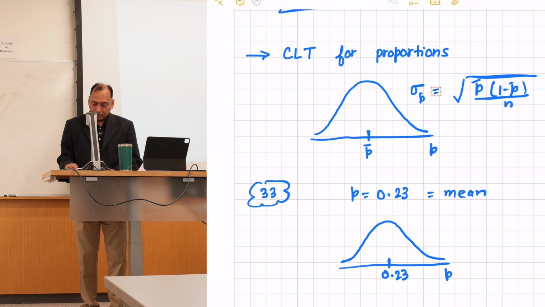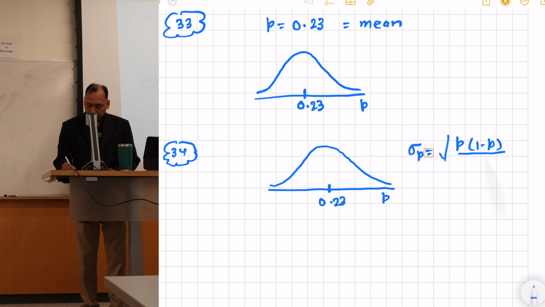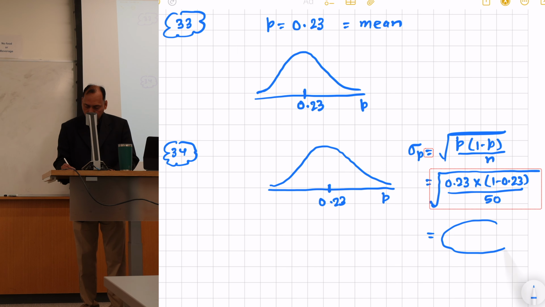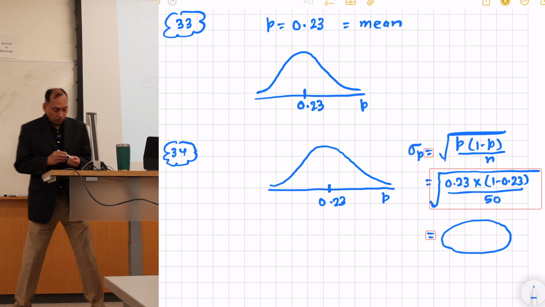You can say sigma of P equals square root of P times 1 minus P over N. So P is 0.23 times 1 minus 0.23 by N. N is 50 and square root of that. So this is going to be the number for standard deviation. 0.06.